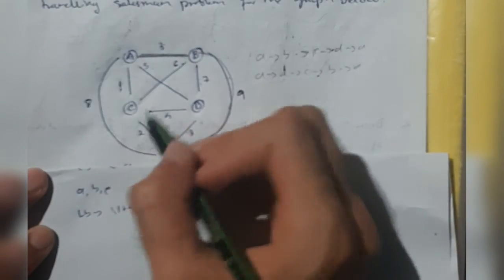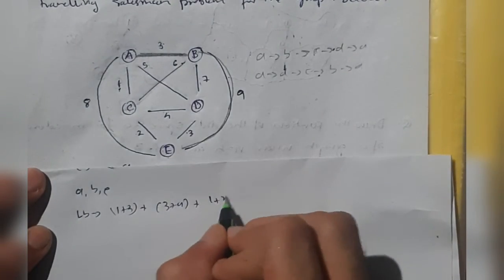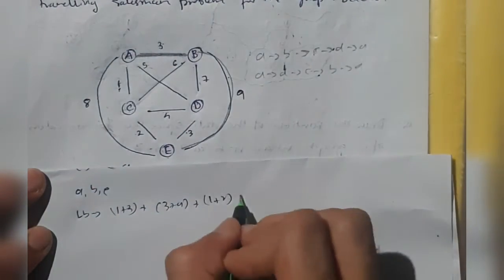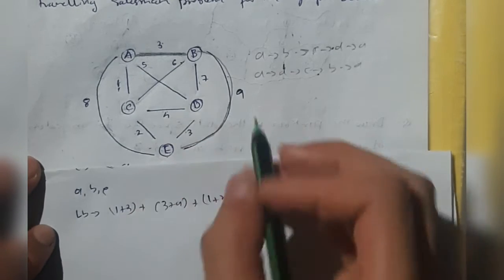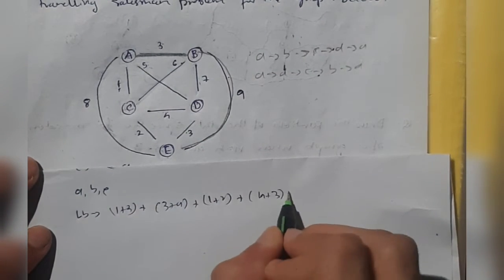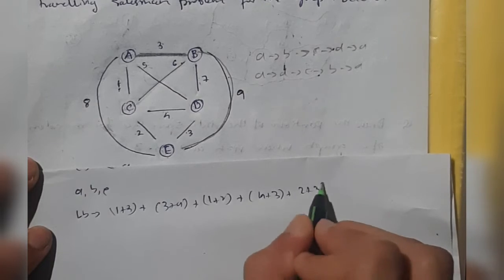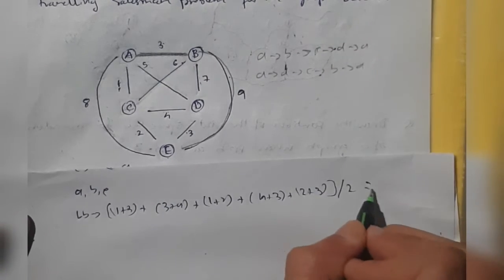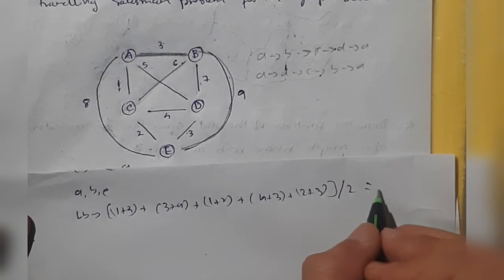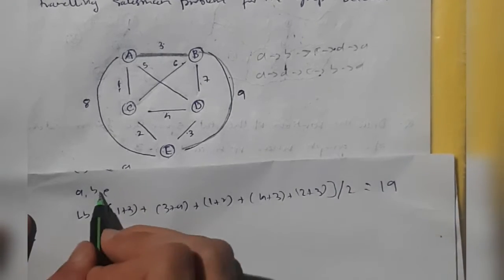Then from C it is 1 and 2, plus the next one, which is D. D is 4 plus 3, plus 2 plus 3. Dividing this by 2, we'll get the answer as 19. Okay, this is for ABE.